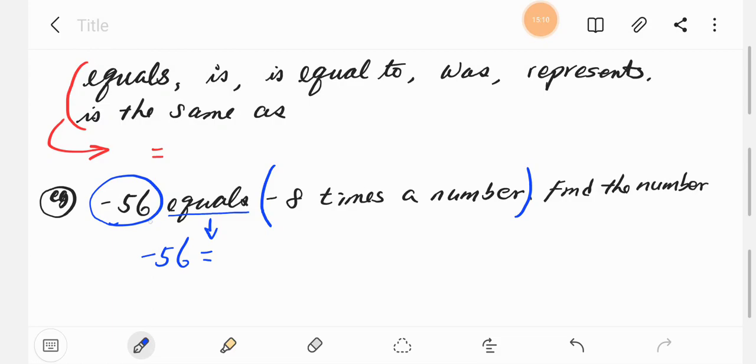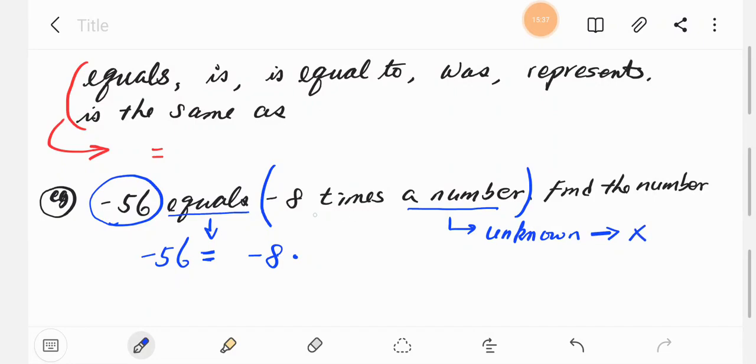Okay, so negative 56 equals, converting it into the equal sign, negative 8 times a number. A number is unknown, right? This is an unknown number. So let's make it a variable x.